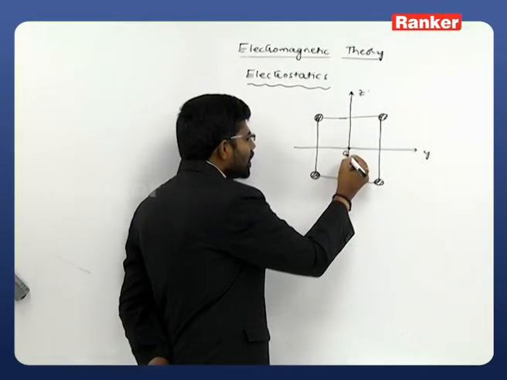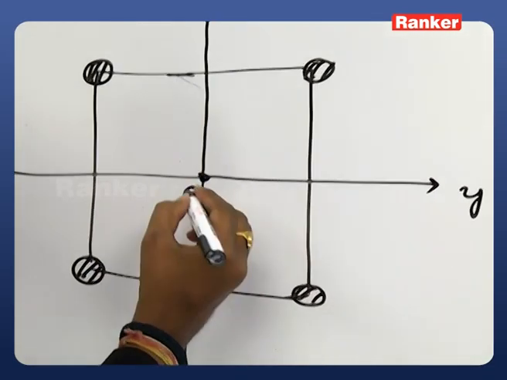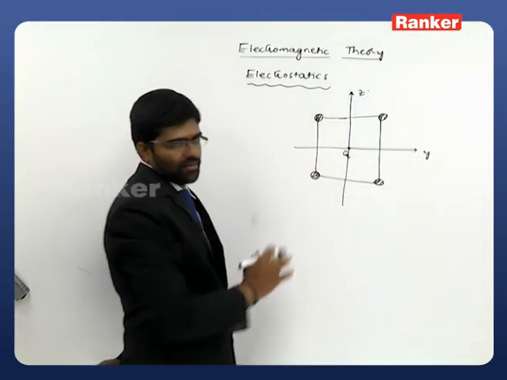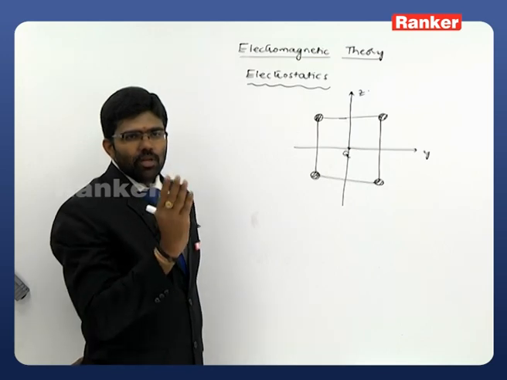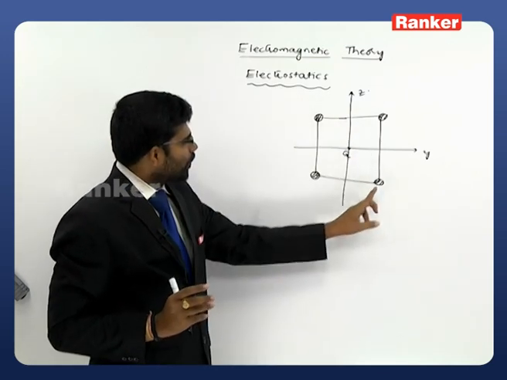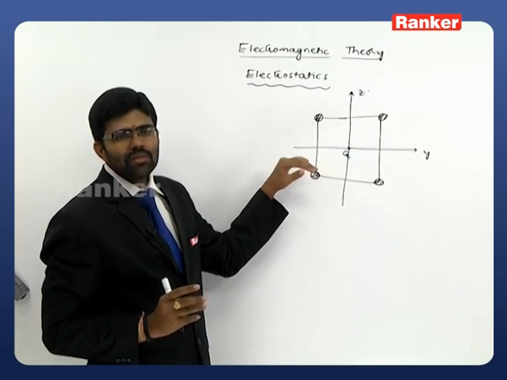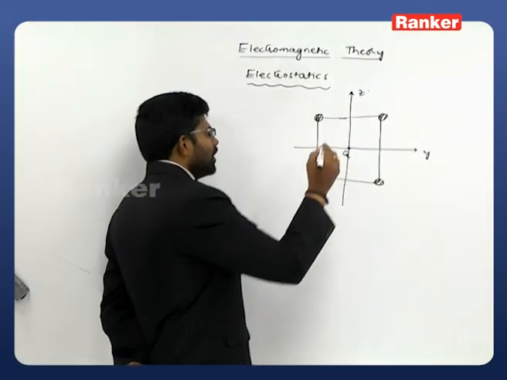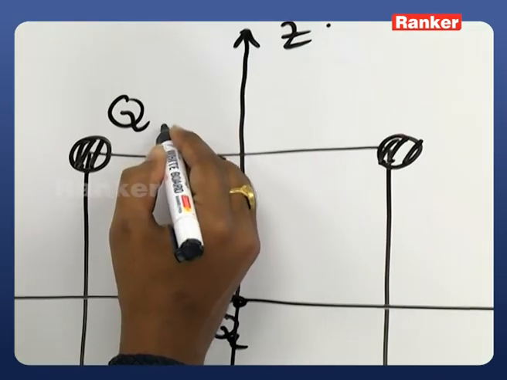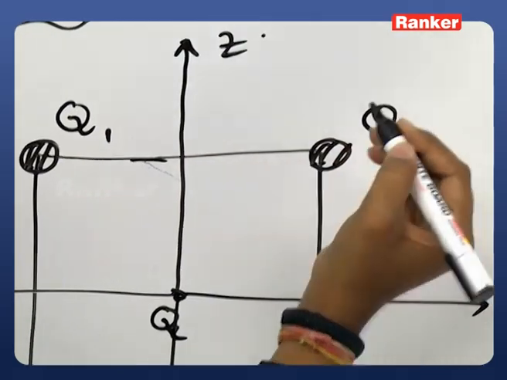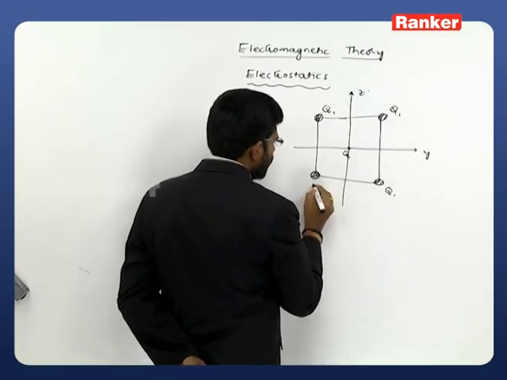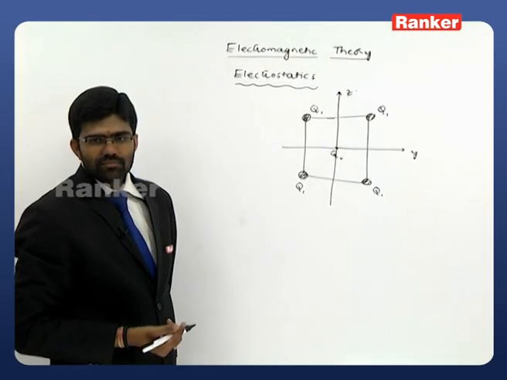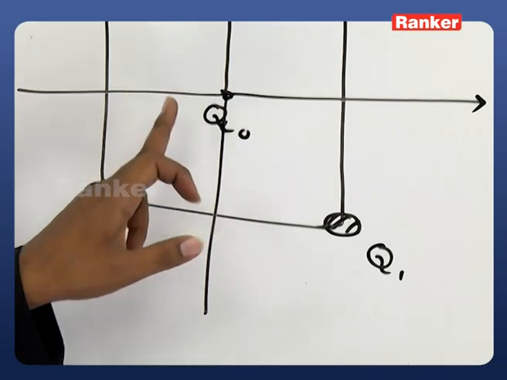We are placing a charge at the origin and we are going to calculate the total force acting because of these 4 equal charges. If the 4 equal charges are placed at the 4 corners of a square, we are going to calculate the total force acting on the center point of that square. For that, let us take these 4 charges as q1. Since they are the same, I am taking them as q1, q1, q1, q1, and let us take this as q naught. The charge which is placed at the center point is q naught.